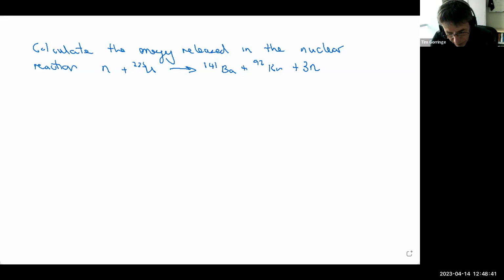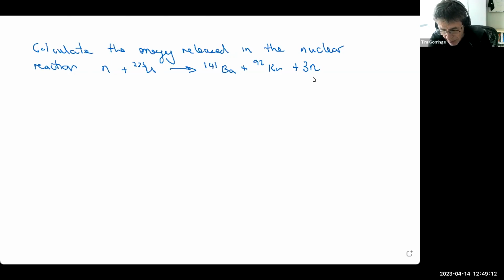So in this question, we've got this reaction of a neutron being absorbed by uranium. It's an isotope of uranium, uranium-235. It causes the uranium to fission, we say, to break into these two splinters. This isotope of mass 141 barium, this isotope of krypton 92, and several more neutrons. 3 neutrons are emitted.